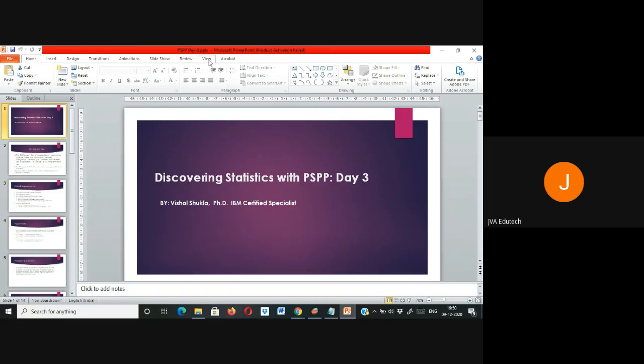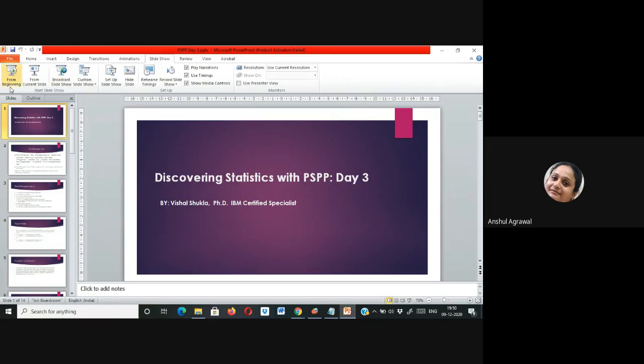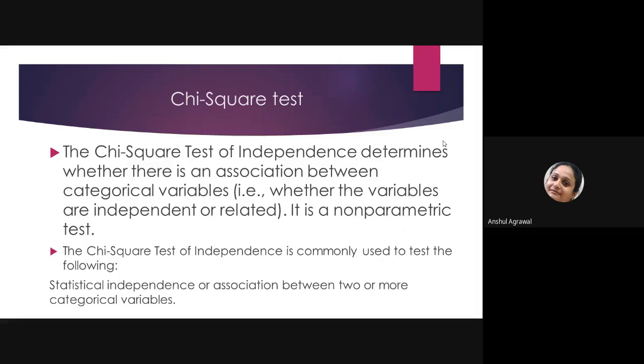Is this visible to you? Yes, sir. Okay. So this chi-square test of independence, there are two kinds of tests in chi-square. One is chi-square goodness of fit, and another one is chi-square test of independence.